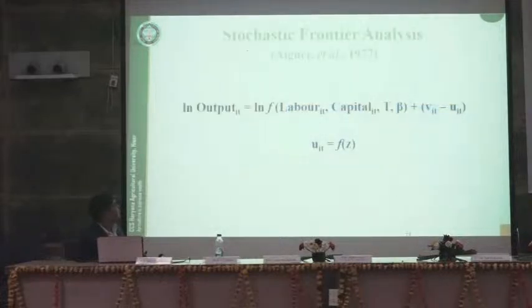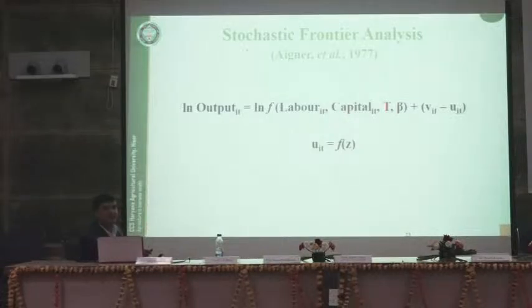Okay, so now this is the functional form of the stochastic frontier analysis. You can easily see that this is the output, and these are the inputs. It may be labor, it may be any type of capital.